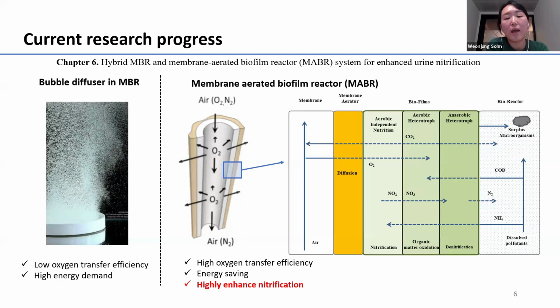Normally the air goes up and only 10 to 15% of the oxygen is used in the system. But in the MABR, you can't really see the bubbles. The oxygen is diffused through the membrane. So with the same amount of air, more oxygen is used by the bacterial communities, for bacterial activity. So that's why energy can be saved and energy consumption is low.